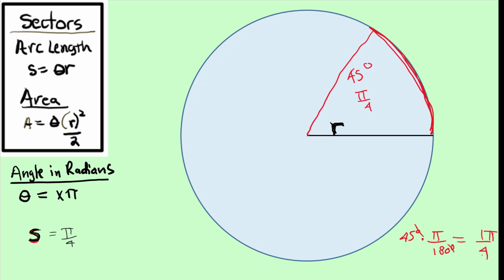It's pi fourths times, and if I tell you this radius right here is 2 feet, then you'd multiply that by 2 feet, arc length. So we know that there's going to be a pi and there's going to be a feet, and then 2/4 simplifies to 1/2. So arc length is pi halves feet.